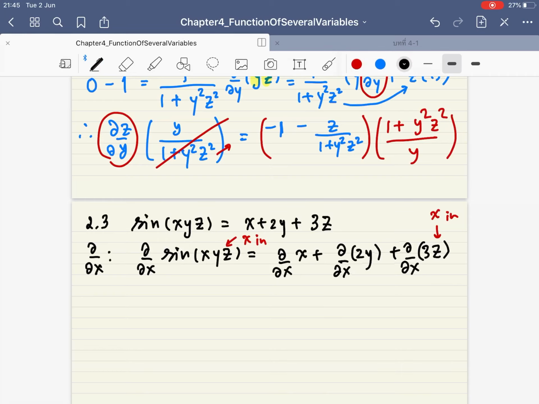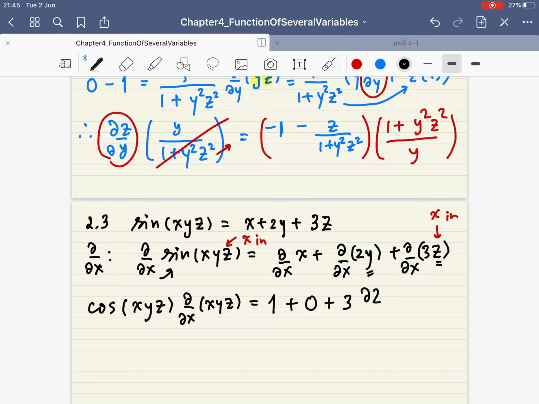Look at your left hand side, the derivative of sine is cosine, right? And then you need to find the derivative of the angle inside. This one is 1, this one is a constant, so it's 0. This one has x hidden, so it is dz by dx.